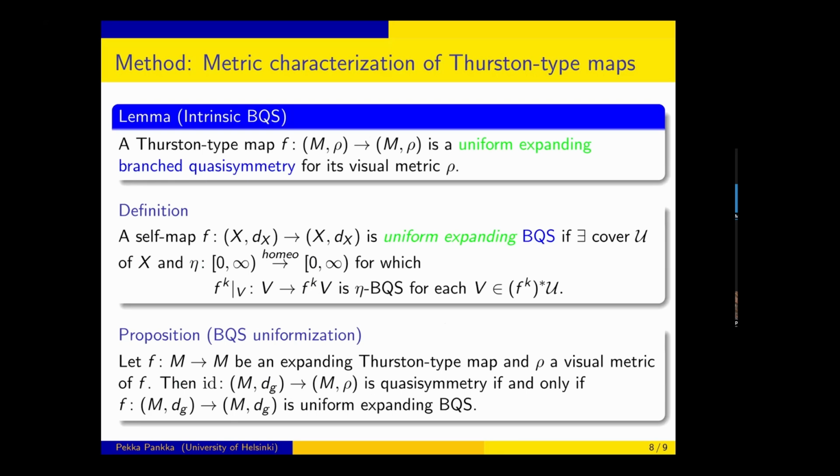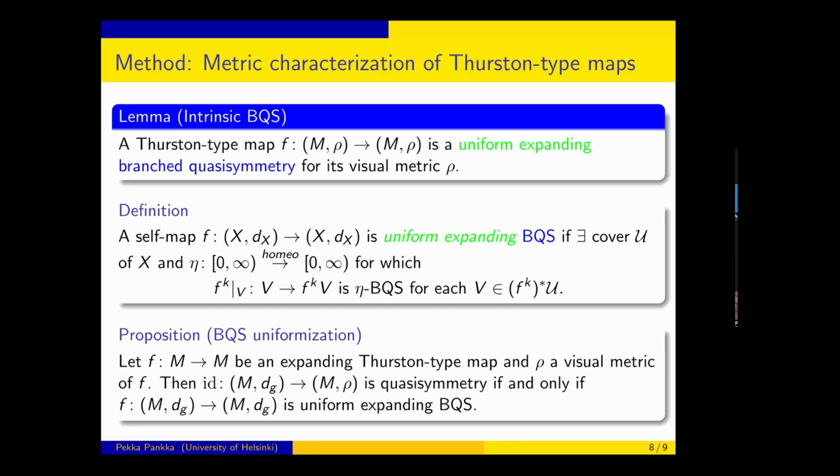You assume that there is a cover, and that there is this gauge function eta, so that under iteration the mapping stays a branched quasisymmetry with the same eta. This is a very typical type of condition in this type of dynamics, where you assume that the distortions don't build up. Now it's just a metric version of that.